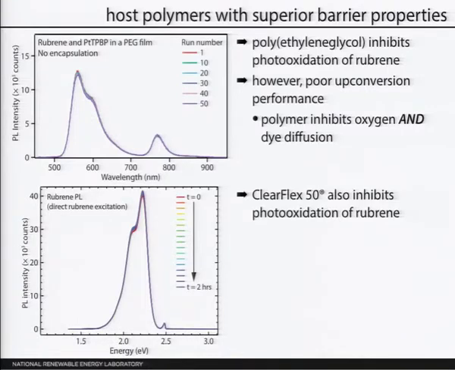But the good thing is that our champion host material also appears to inhibit photooxidation of rubrene. And in this case, our illumination is over the course of about 2 hours, and we see no degradation of the rubrene emission. So it appears that this Clearflex 50 actually is a good candidate for a host material that may or may not require encapsulation for an overall device.